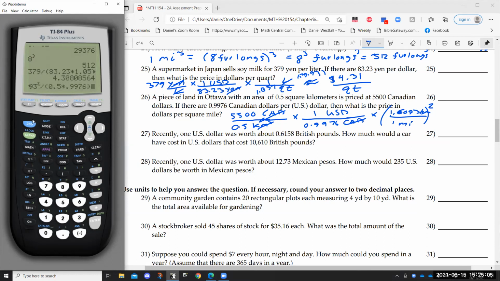Everything, it's best if everything in the numerator is in parentheses and everything in the denominator is in parentheses, but the parentheses around the numerator are less important here than the parentheses around the denominator.